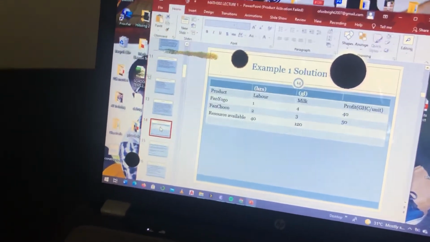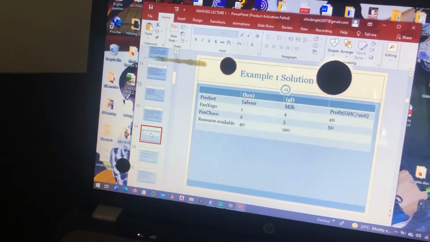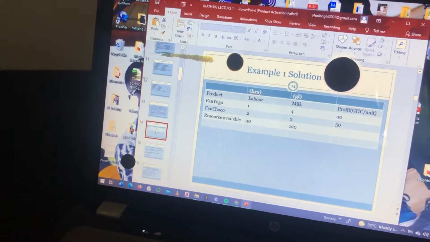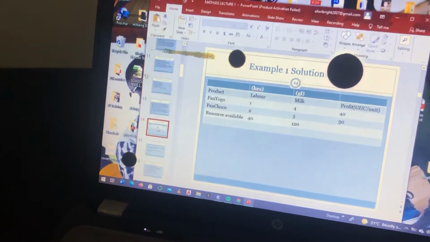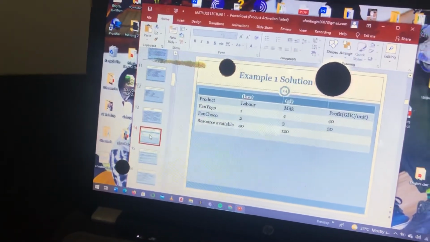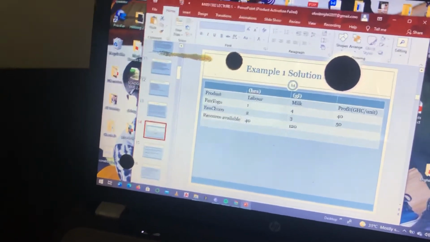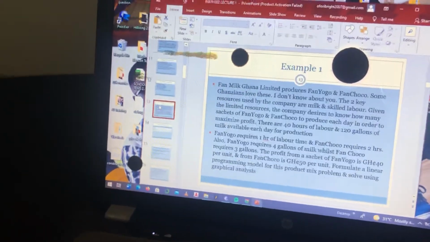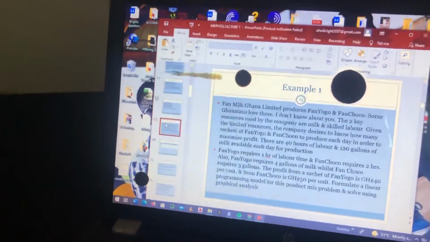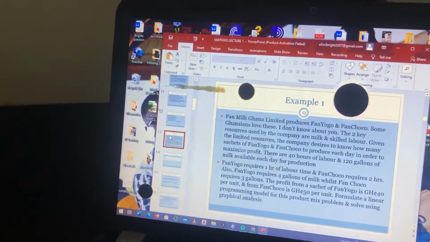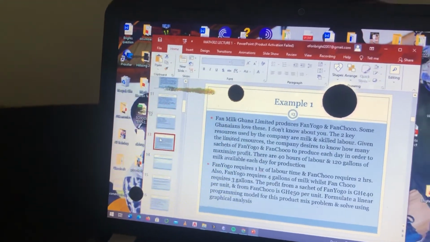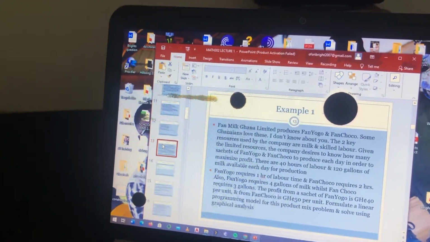Then the gallons used for Fan Yugo, we have 4 gallons for Fan Yugo and then 3 gallons for Fan Chuku. The resources available from the question, we have 40 hours of labor and then 120 hours of milk.